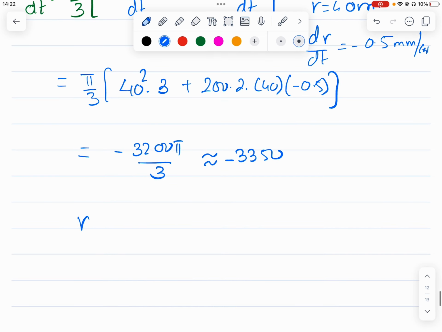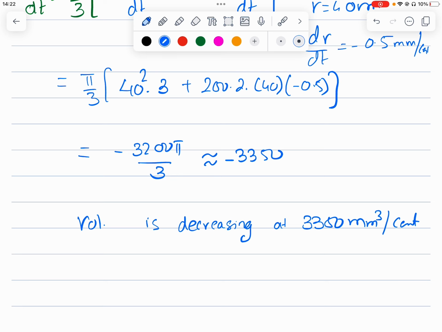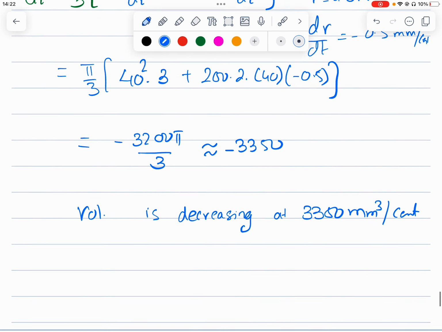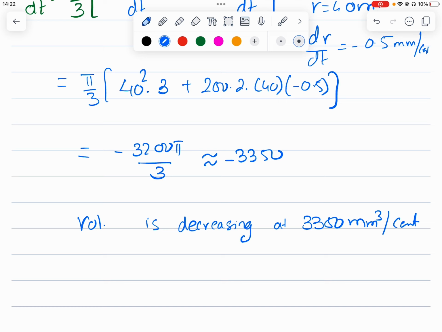So therefore, volume is decreasing at 3350 millimeter cube per century. That's going to be the answer. So we shall end it over here, and in part 2 we do some more questions. See you in the next video. Bye.